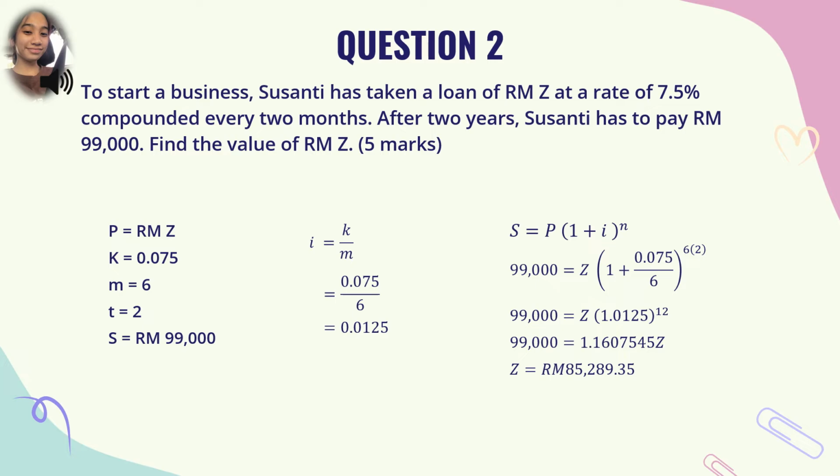Then we simplify the ones in the brackets and the power. After that, we got the answers 1.1607545Z.